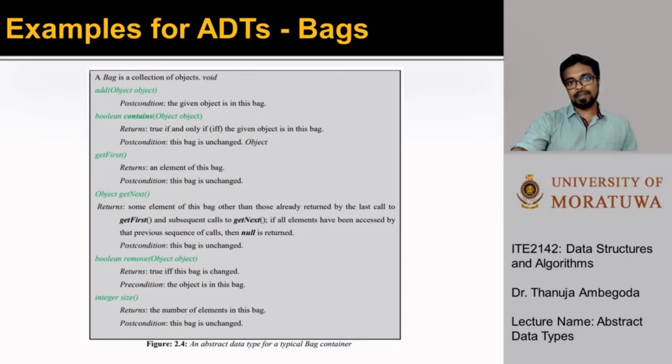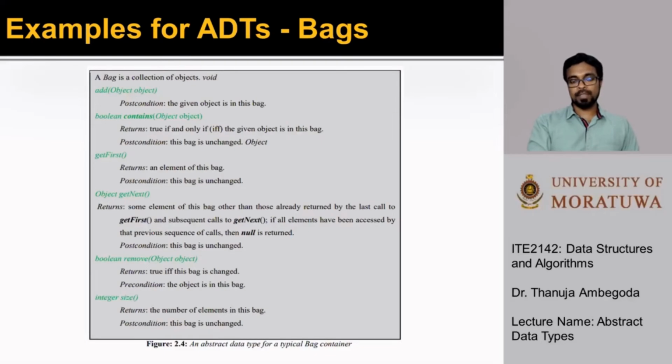Then we have the get first method, which returns an element of the bag, the first element of the bag. There also, the bag is not changed. Then we have another method, get next, which returns some element of the bag other than those already returned by the last call.